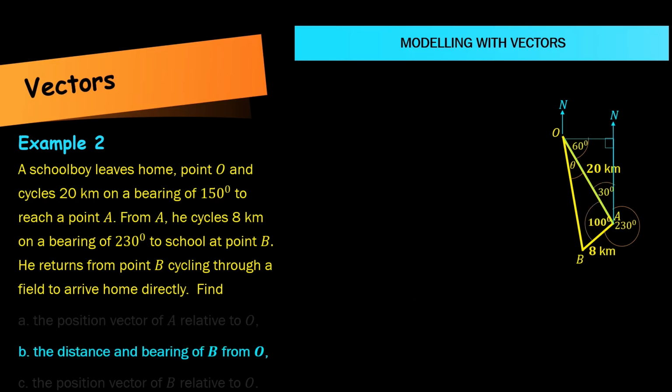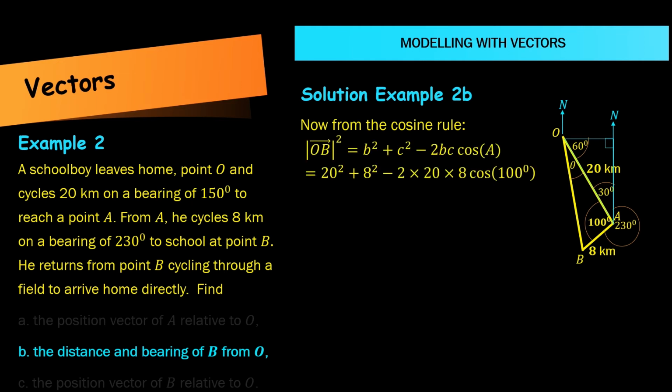Now let's solve example 2b. We are required to find the distance and bearing of B from O. Let's solve this. From the cosine rule, we have that the length OB squared, or a squared, equals b squared plus c squared minus 2bc cos A. So let's plug in all the values.